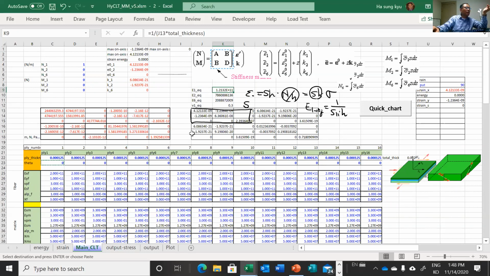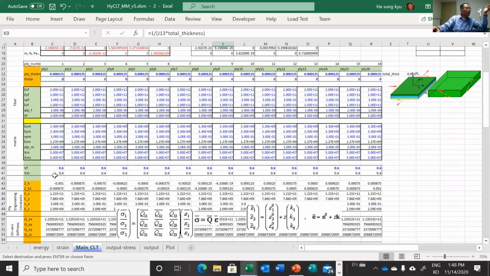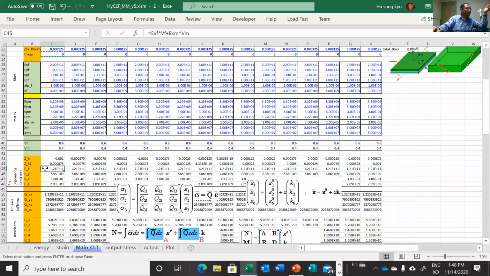The 0 means what kind of material we have here, what kind of material we layered: EX and EY and Poisson's ratio and EX.